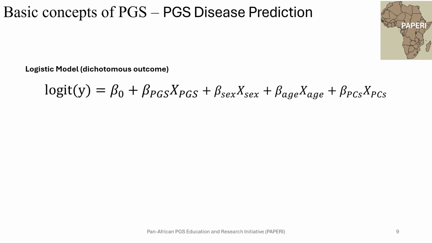We have our sample and we have our outcome, right? Let's say colon cancer is our outcome here, and we fit a regression model with all these different variables, polygenic risk score included, and using this type of model, we can do a few things. We can estimate the probability of the event occurring.